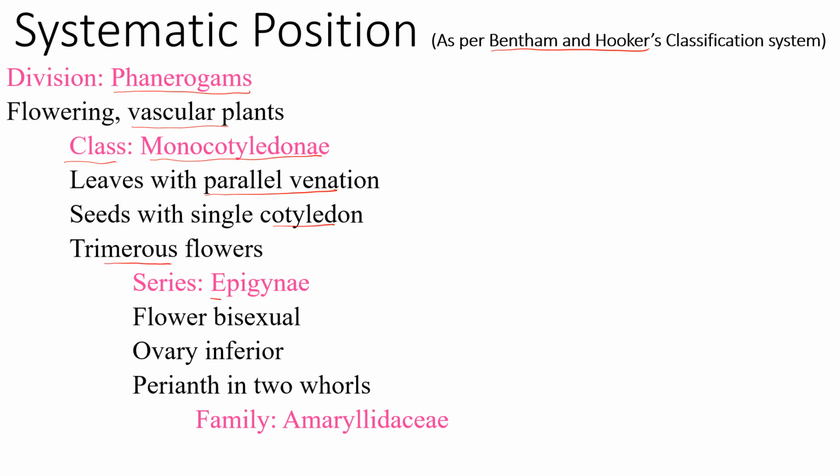Series is Epigynae. Reasons for that are flowers bisexual, ovary inferior, and perianth present in two whorls. And the reasons for family Amaryllidaceae we already have learned in the beginning of this presentation.